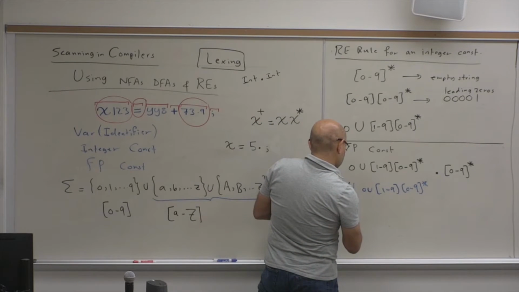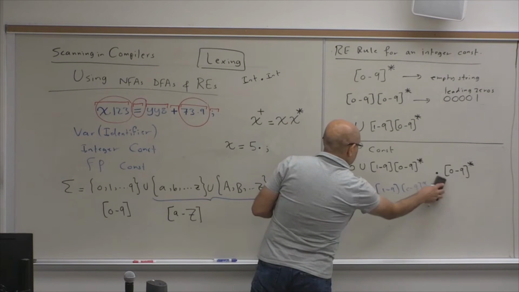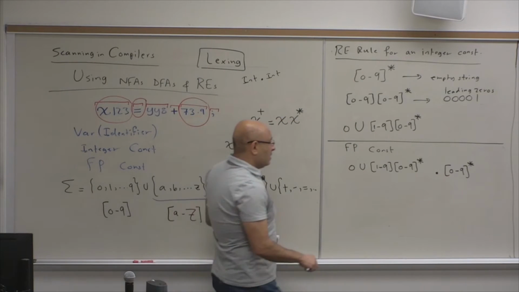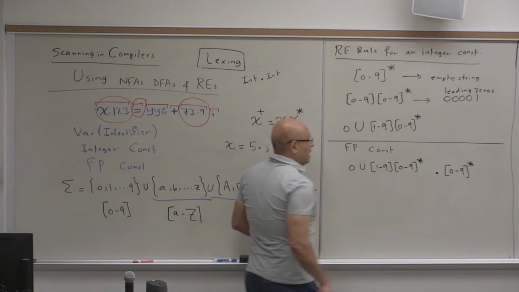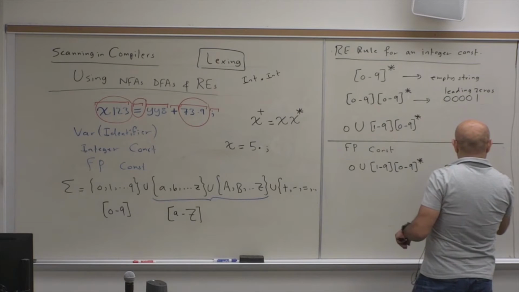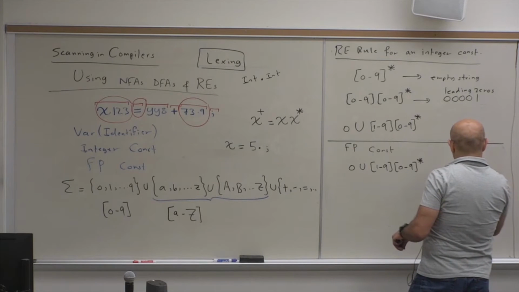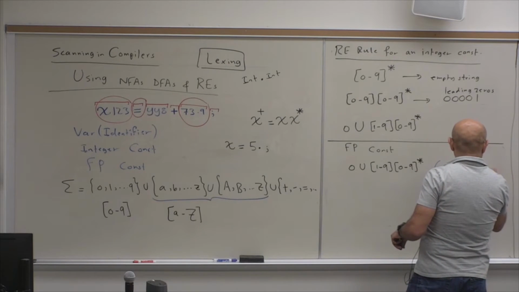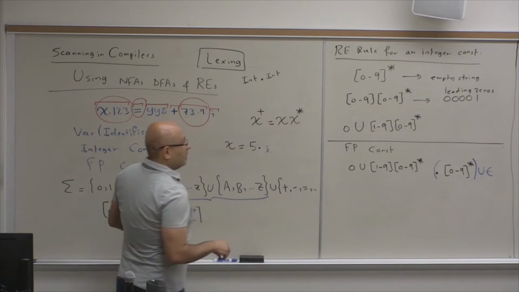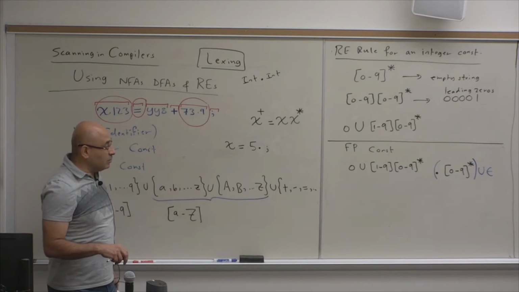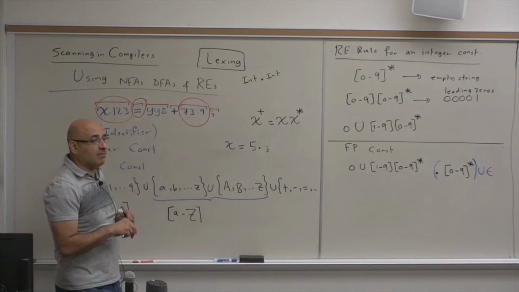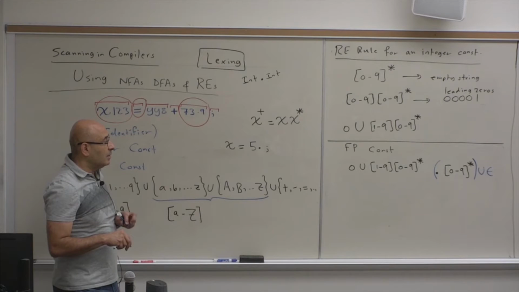You can do this, but it will be easier to just or this thing with epsilon. So you can do this thing or epsilon. But is this what I want to do? Does this regular expression give me what I'm trying to do?